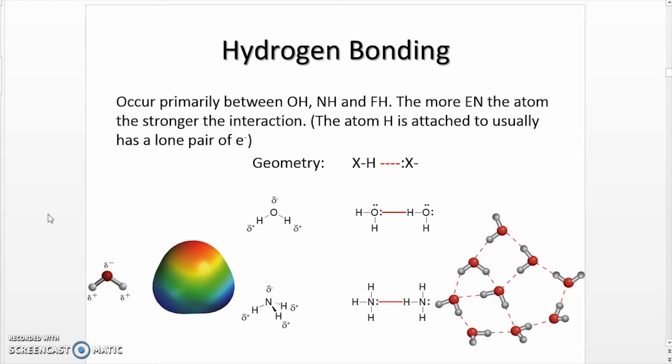If you then move over to the structure on the right, you can see how the lone pairs on the oxygen will interact with the slightly positive hydrogen on another water molecule. Finally, on this slide, we can see that it also happens for ammonia, where the nitrogen has a lone pair and will be slightly negative, resulting in slightly positive hydrogens and giving us our hydrogen bonding.